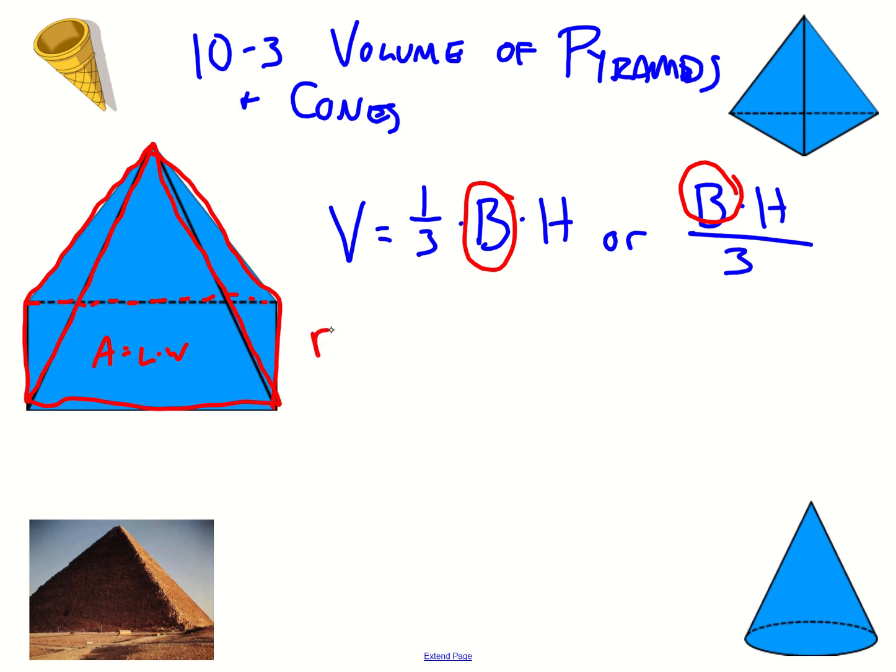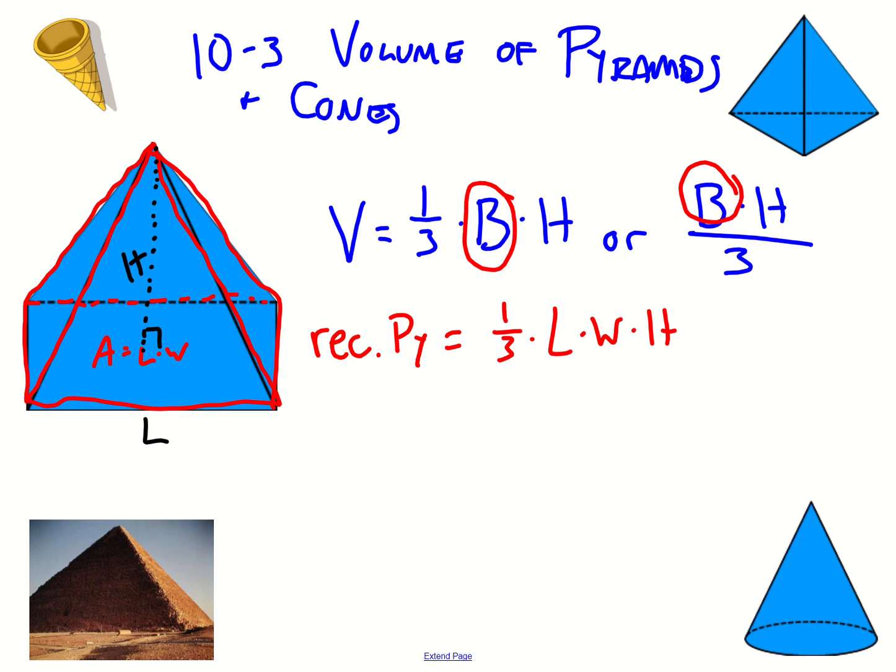So for a rectangular pyramid, we would have 1/3 times length times width times the height. And the height is what we get if we dropped a line from the tippy top of the pyramid straight down into the center.